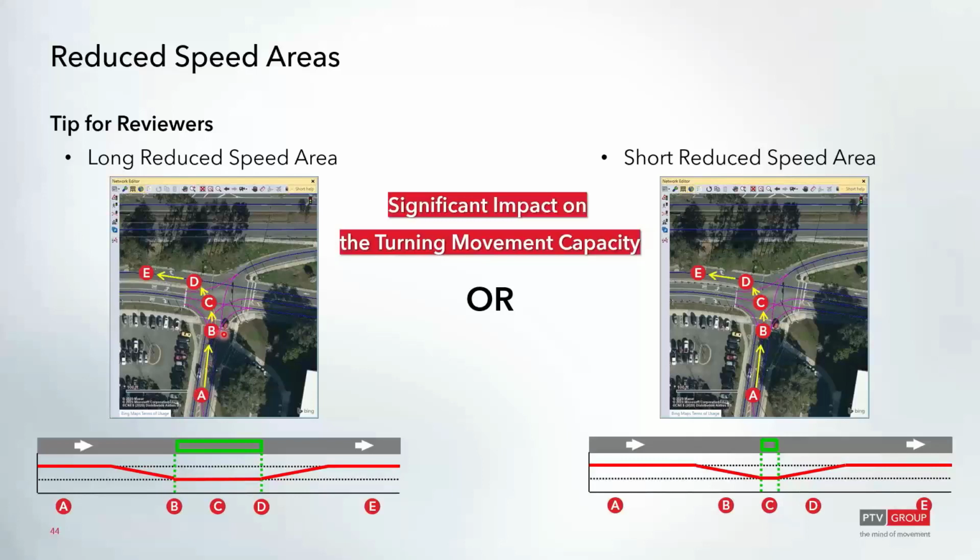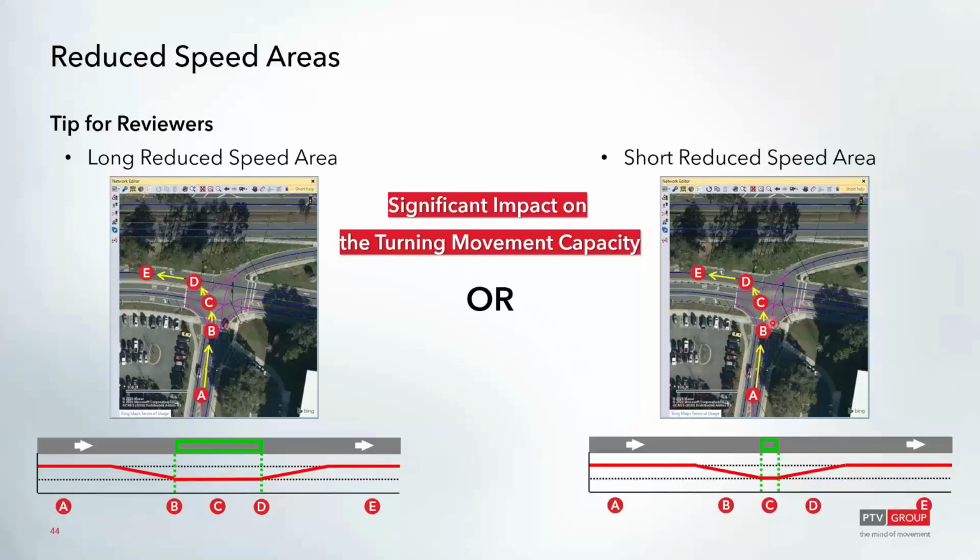So in this case, that reduced speed area starts around B and then ends at D. So you'll see the vehicles will start to decelerate pretty early on, and then they're going to maintain that reduced speed for the entire length as the vehicle is traveling from B to D. And then as soon as it passes point D, that's when it's going to start to accelerate again and then go back to its desired speed.